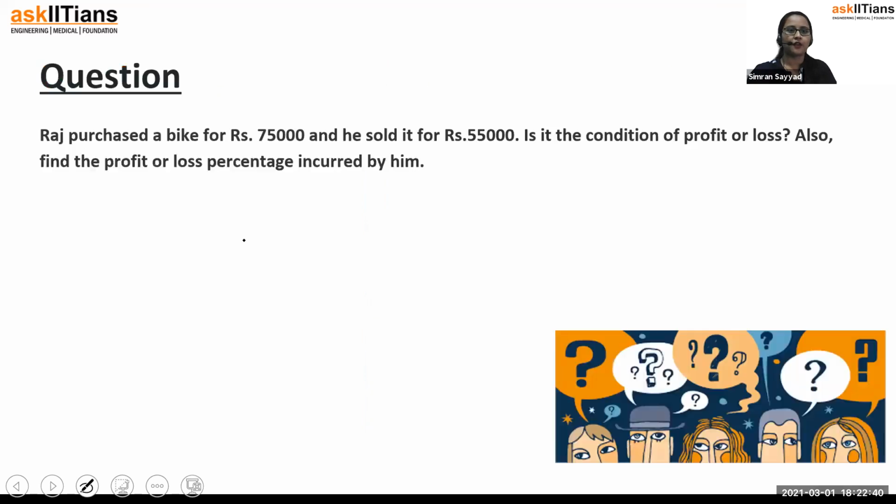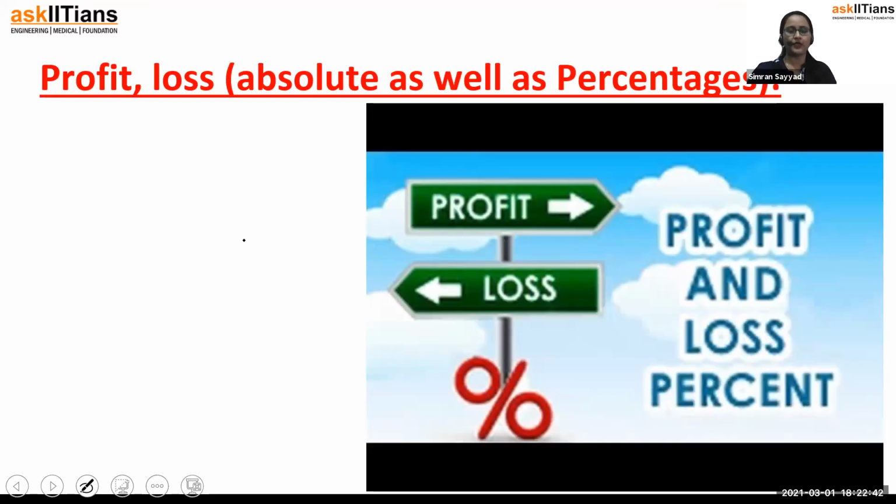Now, profit and loss, absolute as well as percentage. I already told you how to get the absolute one, but let's take a quick example. There is a shopkeeper who has taken a product at cost price 100 and sold that product at 200.